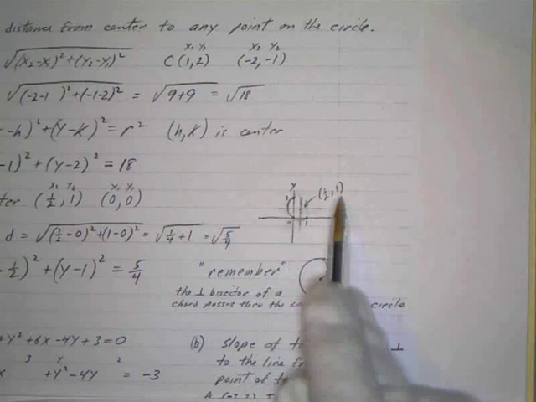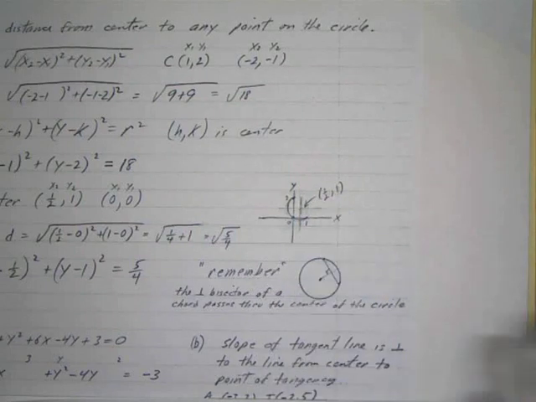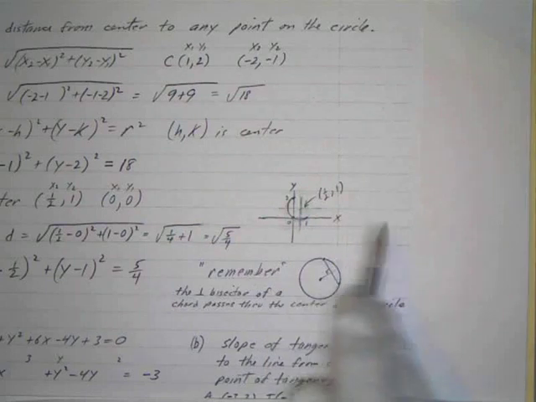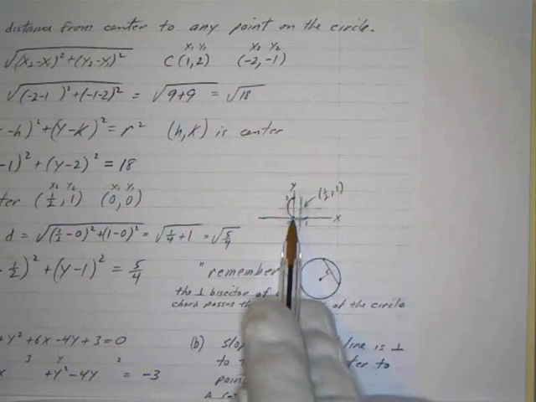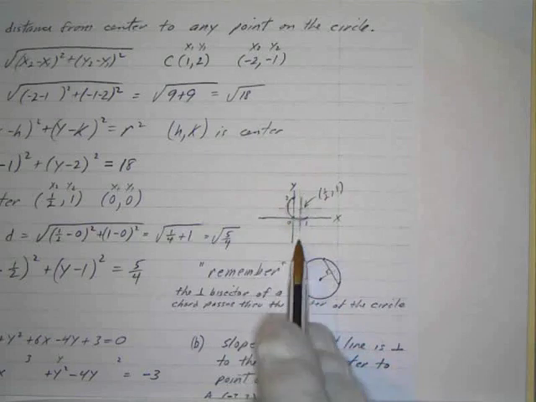So that means the y-coordinate of my center will be 1. In the same respect, if I look at the chord on the x-axis, the points 0 and 1 are on the circle. The perpendicular bisector of this chord, since it's on the x-axis, would be parallel to the y-axis.